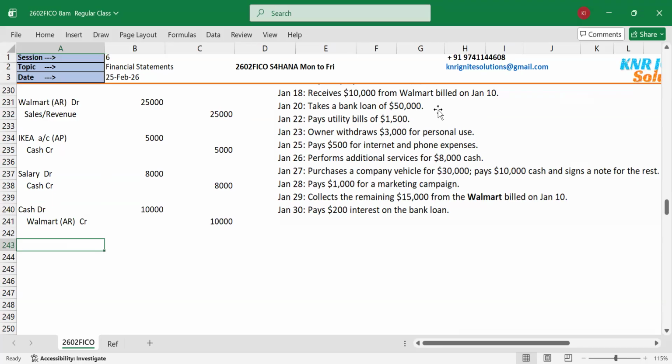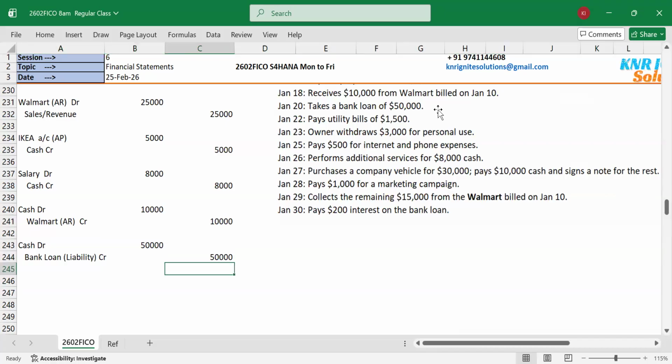How do we record it? Cash is coming in, so cash debit, and bank loan, which is your liability, you credit it. Whatever loan you raise is recorded as a liability. Now it's 50,000. This is the transaction that we write.